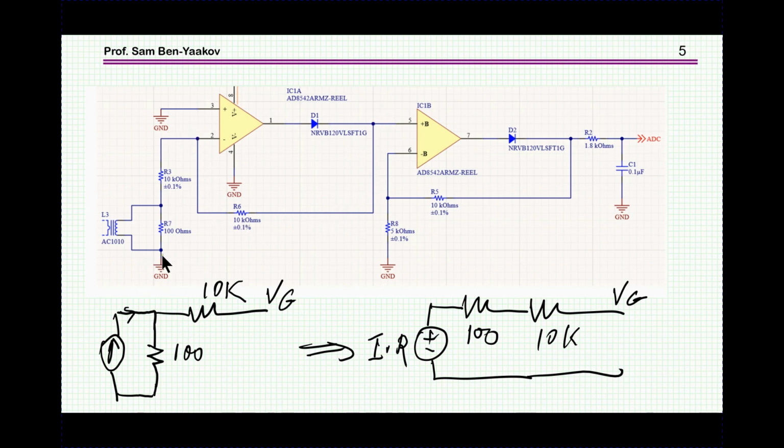The gain here depends on the resistance here and the resistance here, but contrary to intuition perhaps, this is not the ratio of these two resistors. You really have to take into account that this is a current source, so this is representing a Thevenin voltage source. So in fact you now have a resistance which is this plus this. Okay, this is this.